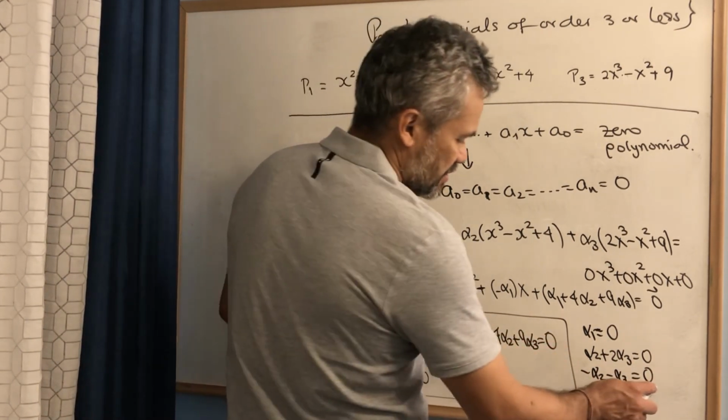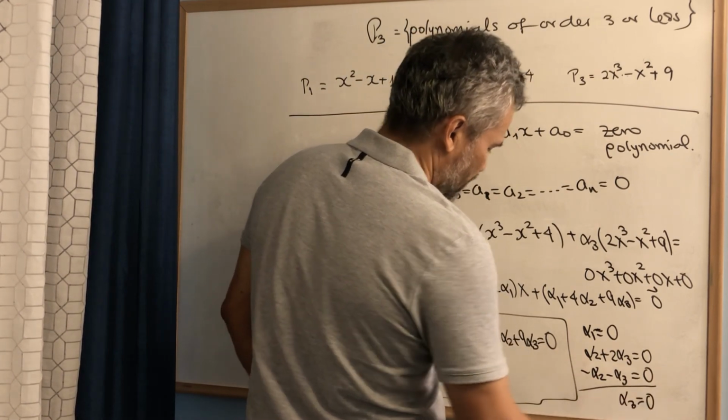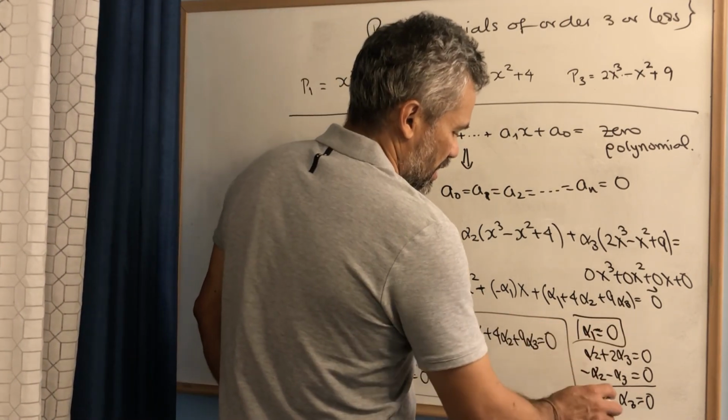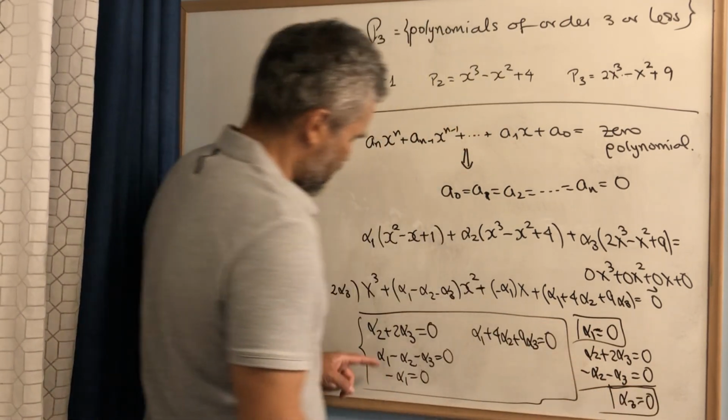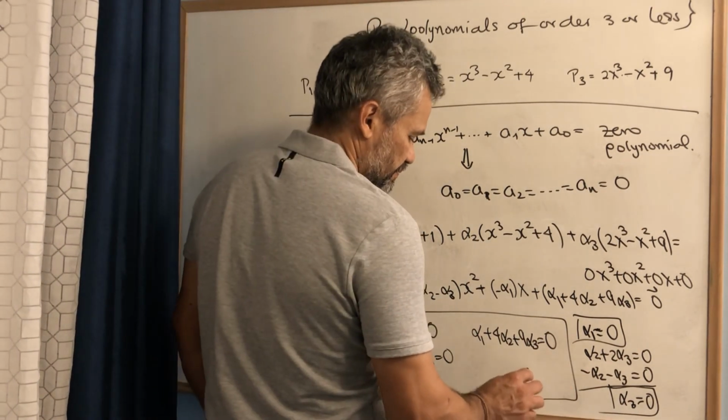Then if we add these two equations, we get that alpha 3 must be 0, and if alpha 1 is 0 and alpha 3 is 0, then we get from here that alpha 2 is 0 as well.